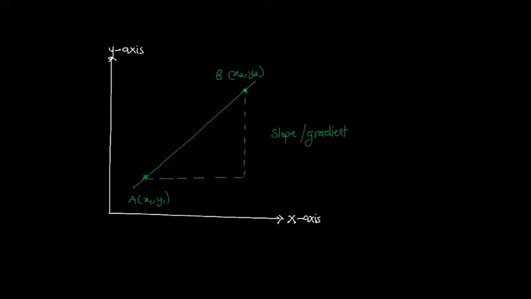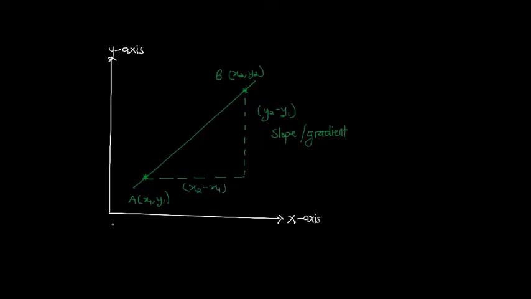Now if you look at the vertical component over here, which is from top to down, this is on the y-axis, and the distance from here to here will be y2 minus y1. Now for the horizontal component over here, this is on the x-axis because it's horizontal, so that one will be x2 minus x1.